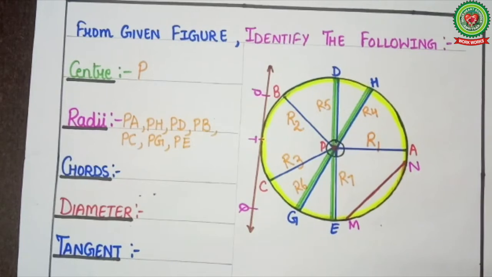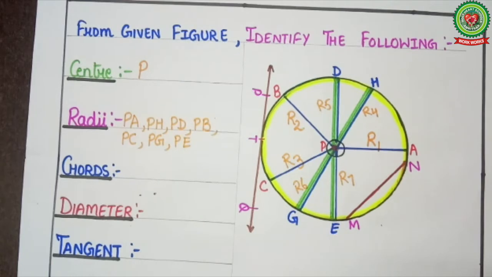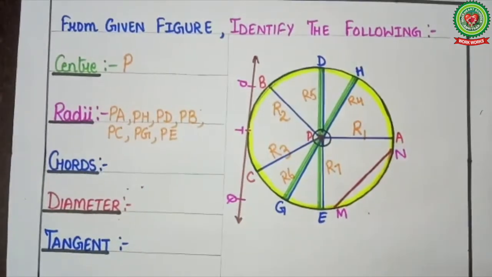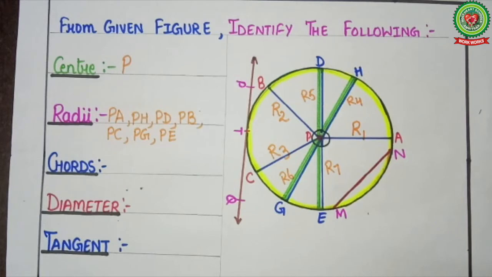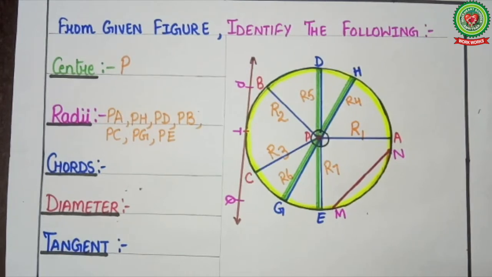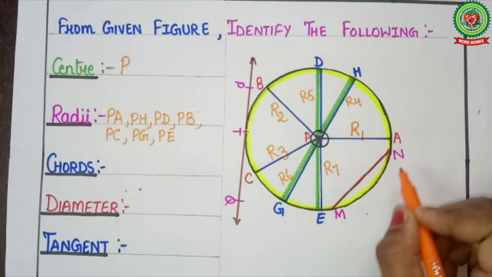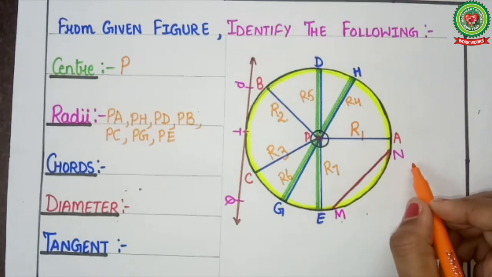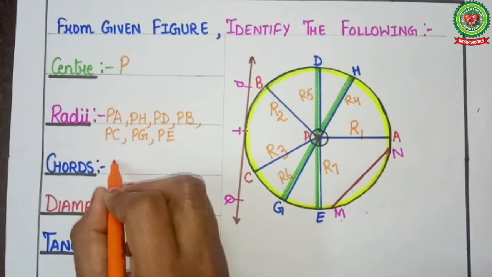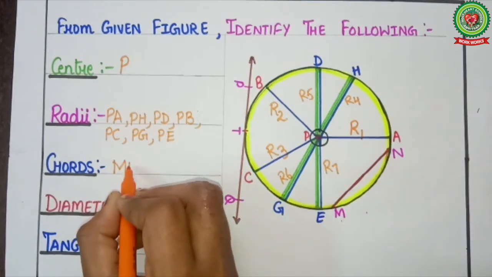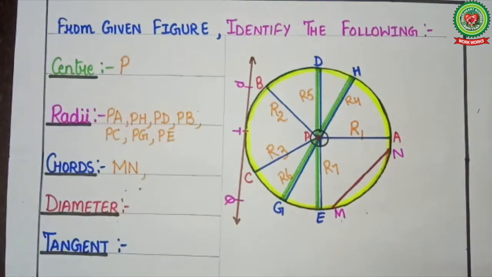Now come to the chords. Chords, a line segment whose endpoints lie on a circle. Now see, which line is there whose endpoints lie on the circle? Here MN. So MN is a chord whose endpoints lie on the circle.